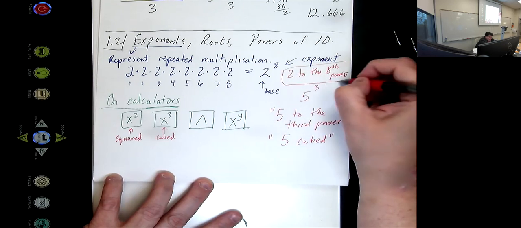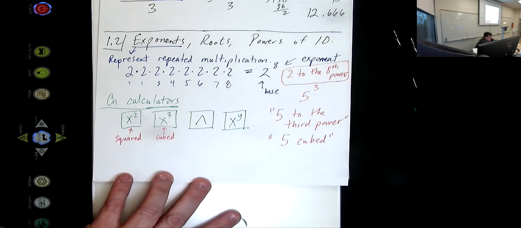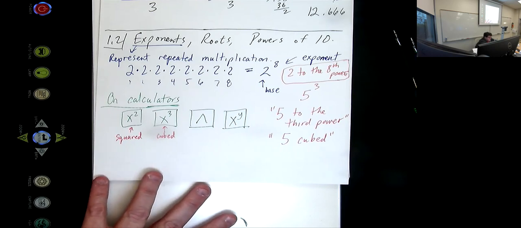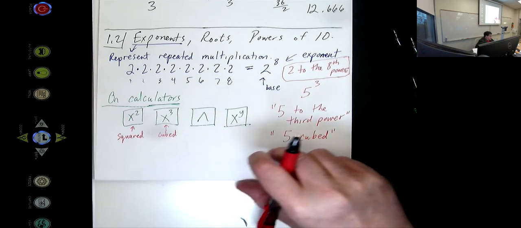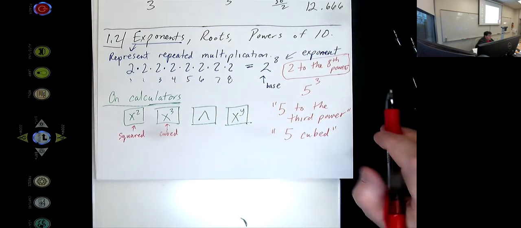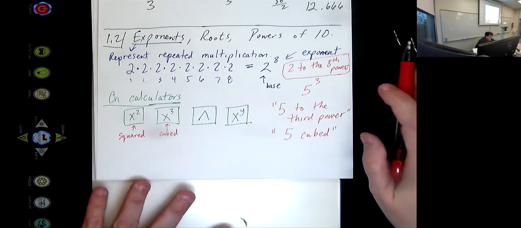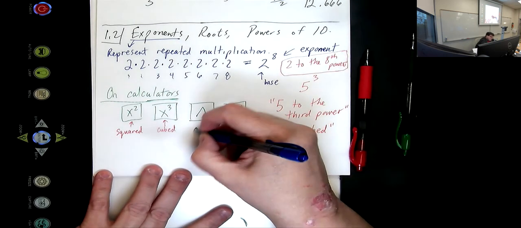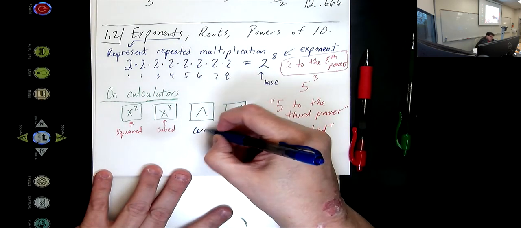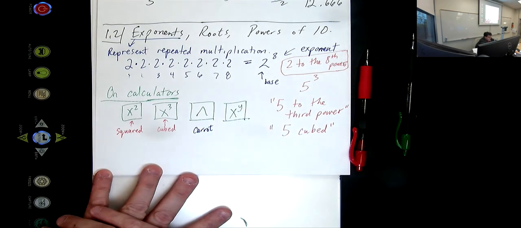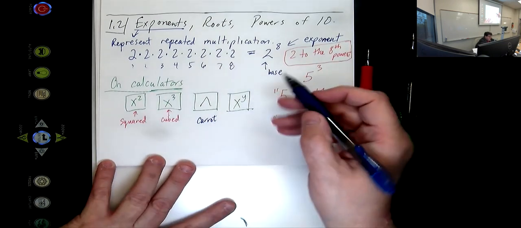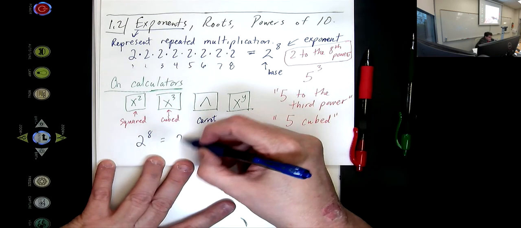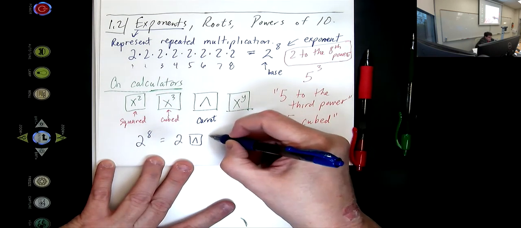So we use the word power to represent exponents also. The squared and cubed comes from areas and volumes. We're going to do that in a little bit. This one here is the caret. And the way you tend to use it in a calculator, if you want to do 2 to the 8th power, you're going to do 2 caret 8.